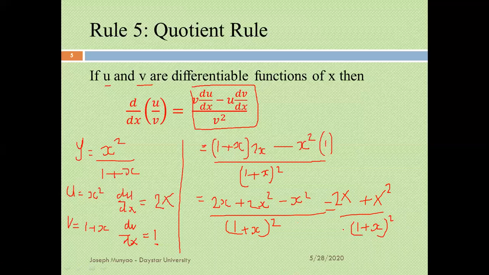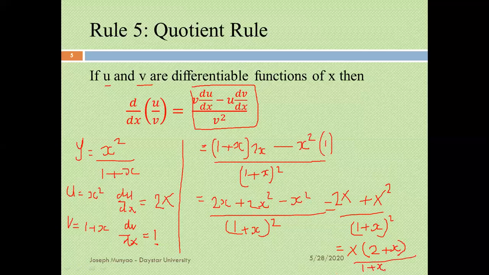If you are to simplify, you would factor out the x and then you remain with 2 plus x over 1 plus x everything squared. But it suffices to be left at that level.